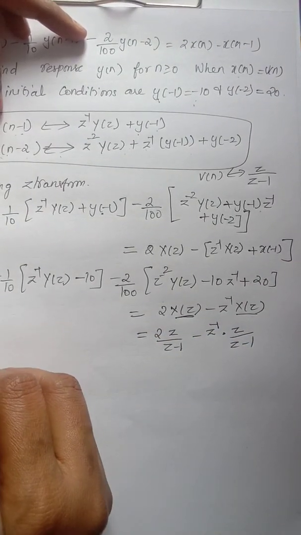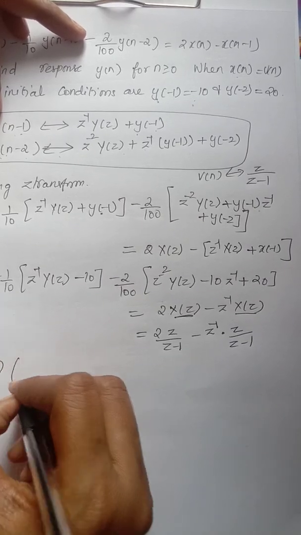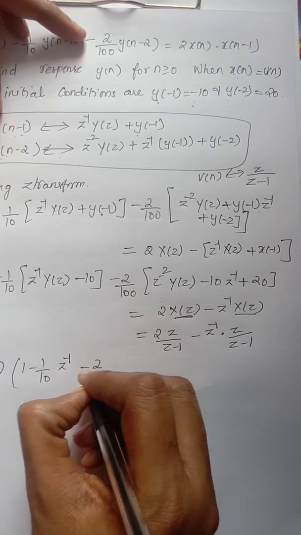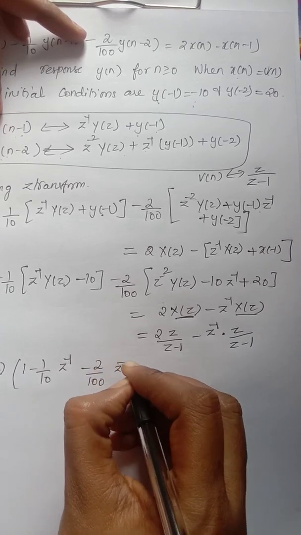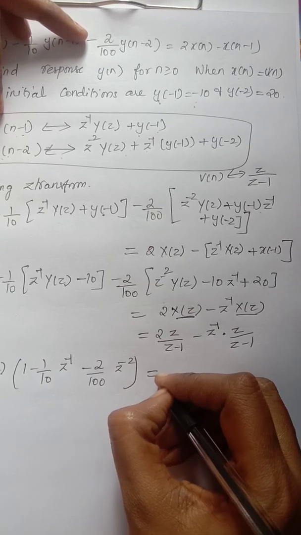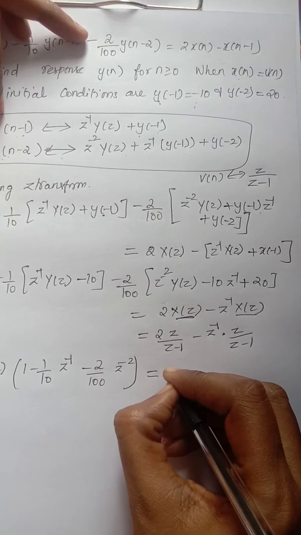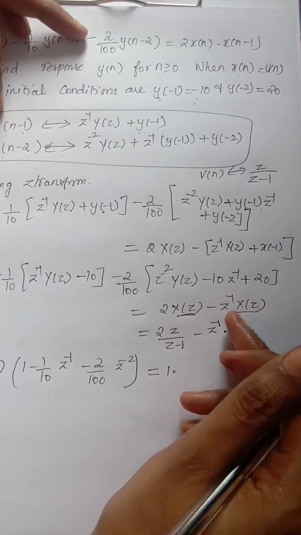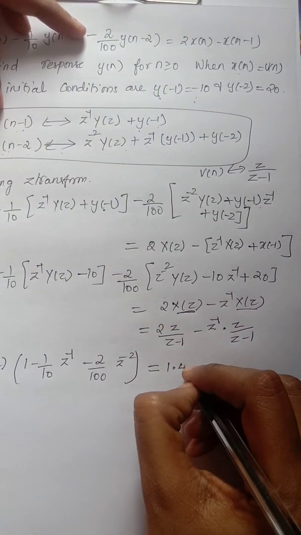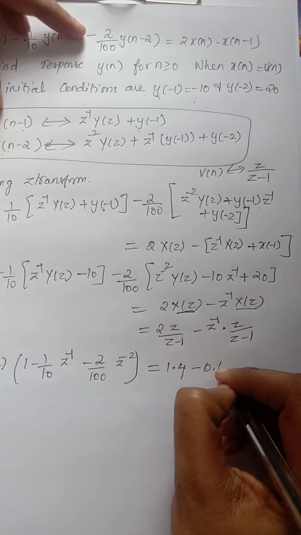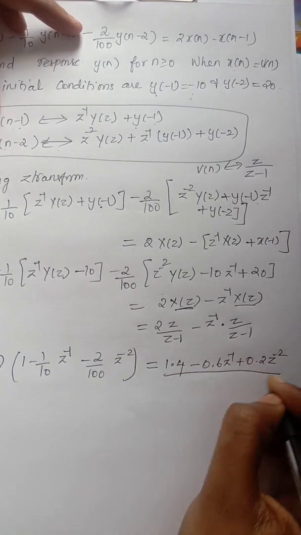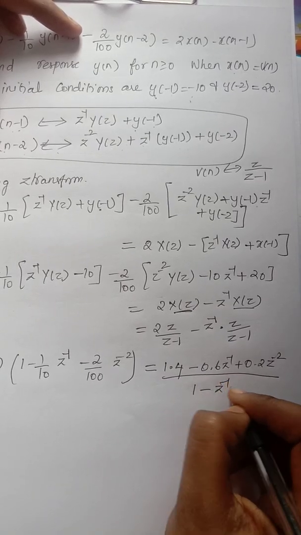So simplifying here, y of z into 1 minus 1 by 10 z inverse minus 2 by 100 z power minus 2, which is equal to, bringing the constant terms to this side and simplifying, what I am getting is 1.4 minus 0.6 z inverse plus 0.2 z power minus 2 divided by 1 minus z inverse.